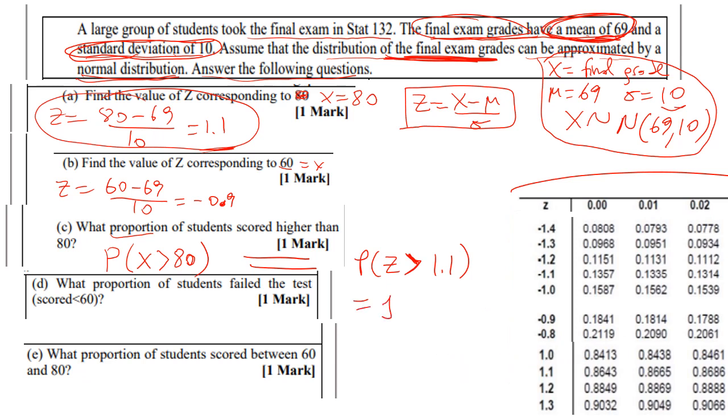This is 1 minus the probability z less than 1.1. So we use the complement, and this will be equal to 1 minus, and now we can use the table. So how do you use the table? Okay, put 0 here.